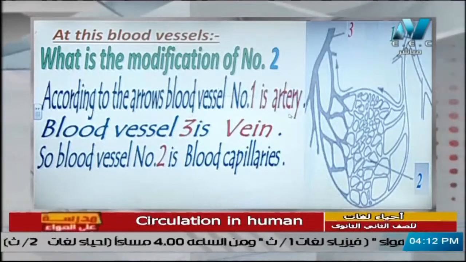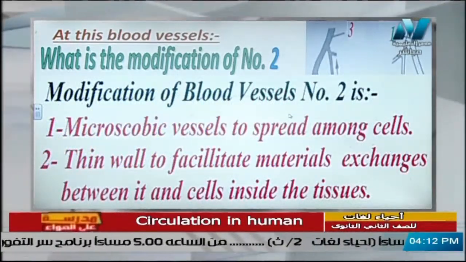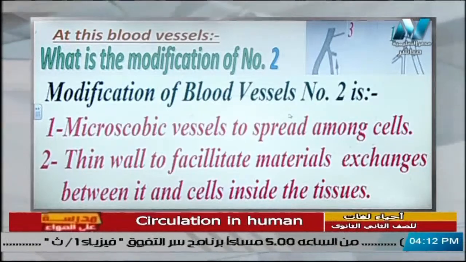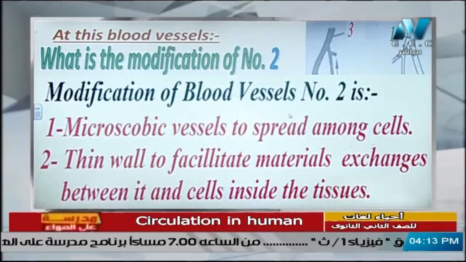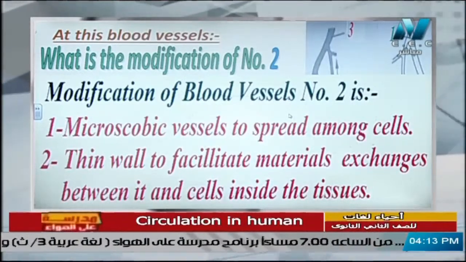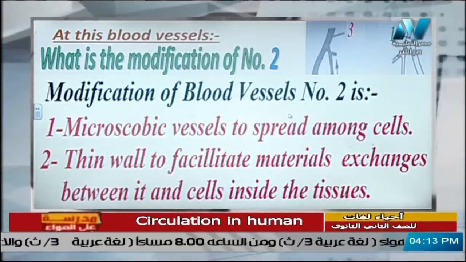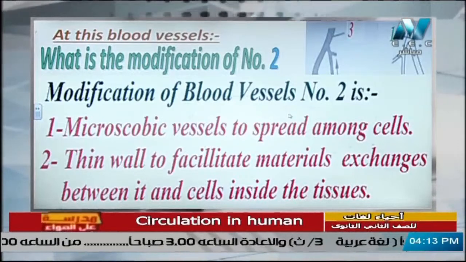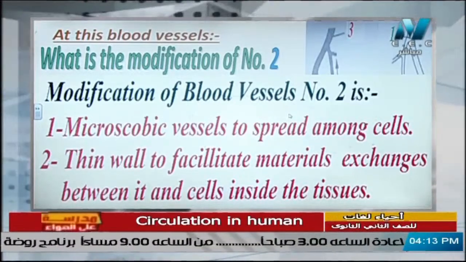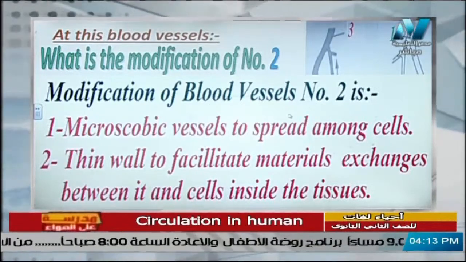What is the modification of blood capillaries? Let's see. The modification of blood vessel number 2 is microscopic vessels that spread among cells, with a thin wall to facilitate materials exchange between it and the cells inside the tissue. Here we explain the modification of number 2 as blood capillaries.